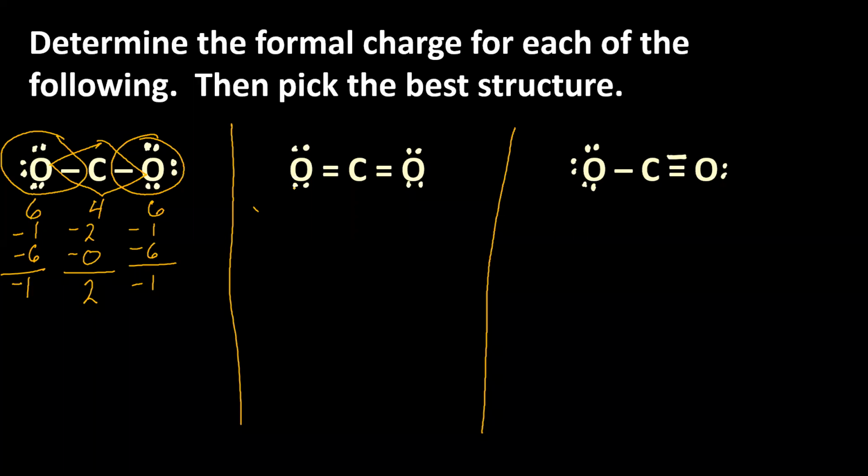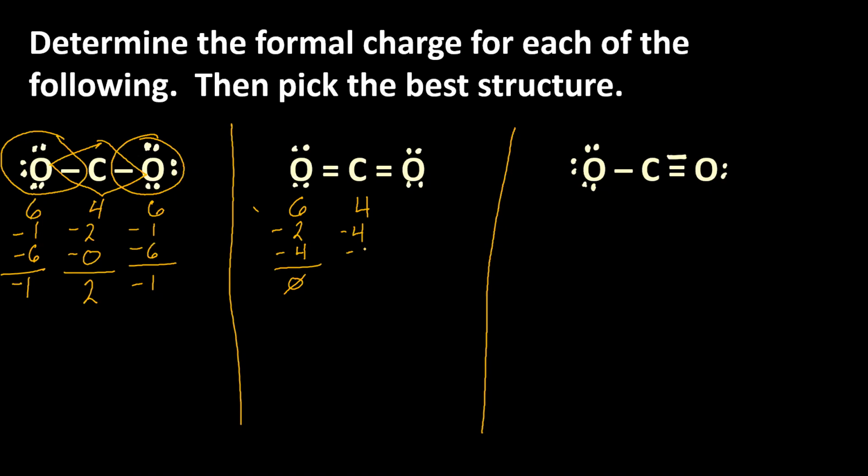Okay, let's look at the center one. What's the valence of oxygen? 6. How many bonds are touching this oxygen? 2. How many electrons are touching this oxygen? It is 4. Okay, well, that's 0. Did I go too fast for anyone? Okay. Carbon is 4. How many bonds are touching it? 4 bonds.